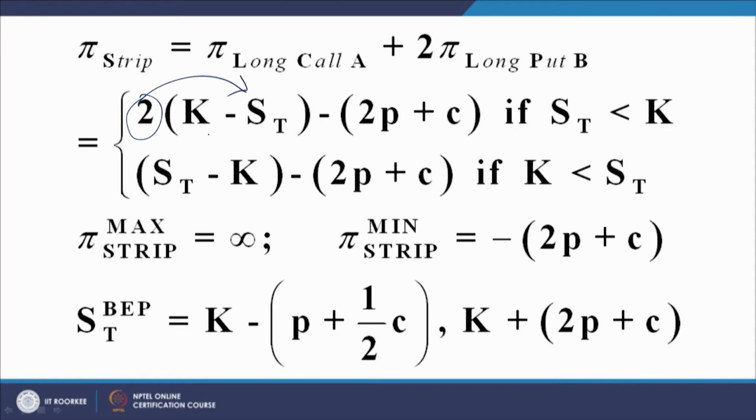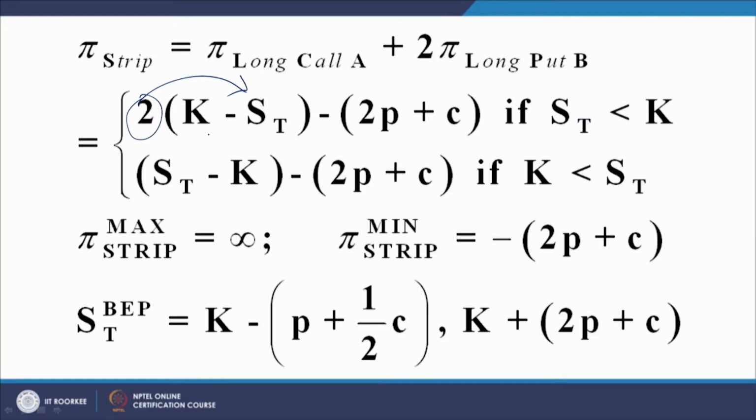The fact that the coefficient of ST is 2 means that if you differentiate with respect to ST, you get a value of 2. That means, for every unit decline in the stock price, the profit increases by 2 units, because you have got 2 puts. It is elementary in fact. And because you are long one call, the profit increases by 1 unit for every incremental increase in the stock price.